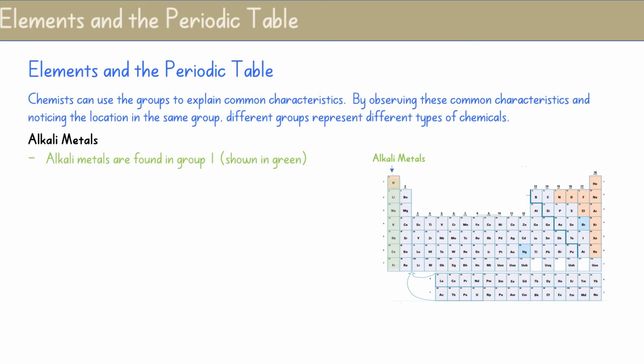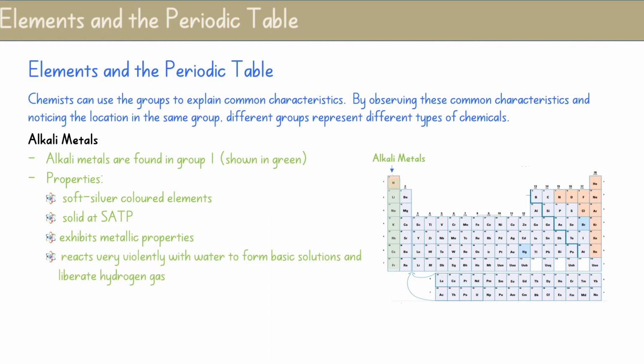Alkali metals are found in group 1, as I said, shown in green. Here are the properties. They are soft, silver-colored elements, solid at SATP, exhibit metallic properties, react very violently with water to form basic solutions and give off or liberate hydrogen gas.